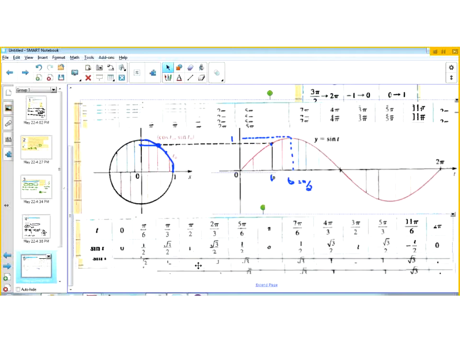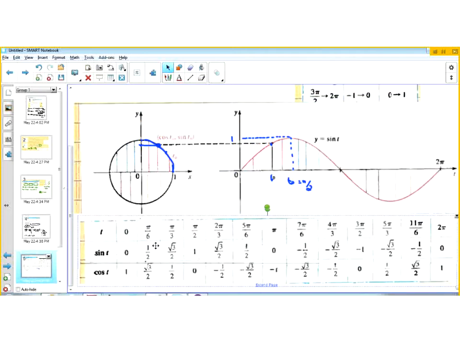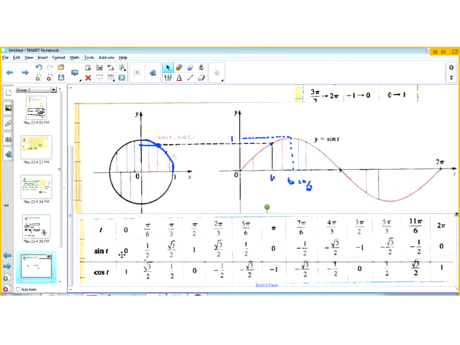Okay, so consider this table. Just for the sine function. We're doing the sine right now. So at t equals 0, the output of the sine function is 0. So this is your function table right here. At t equals pi sixths, the output is a half, which we proved in the first lecture of chapter 2. Pi thirds, the output is square root of 3 over 2, and you see up to pi halves, it's 1.